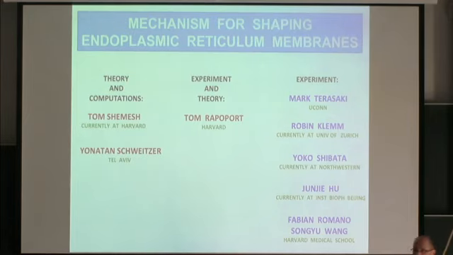I will go slowly so that everyone understands, not only physicists and mathematicians, but also biologists and vice versa. And this work was done through a real interdisciplinary collaboration with a large number of people.